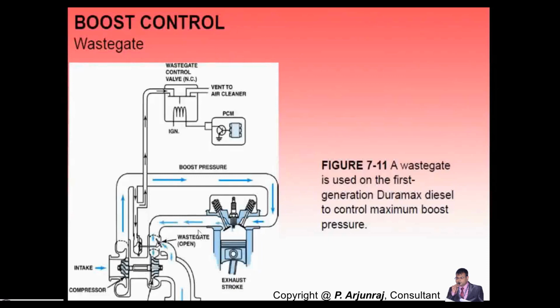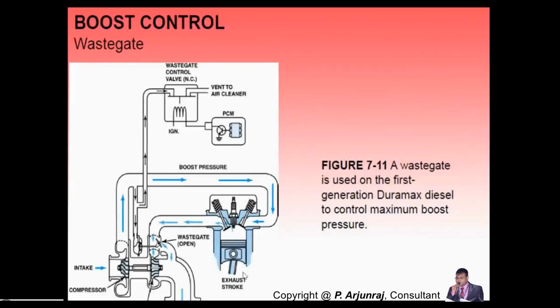And when the valve is in a closed condition, which means the wastegate is closed, it will not allow the flow to strike the turbine; it will go and again go to the exhaust.